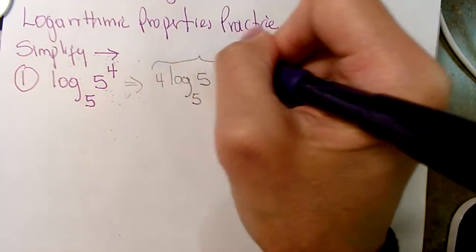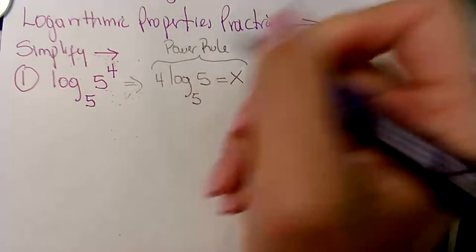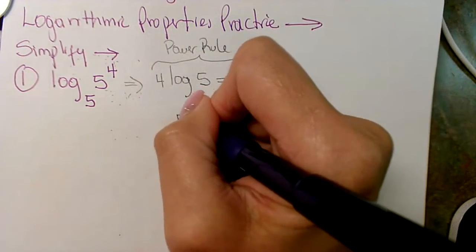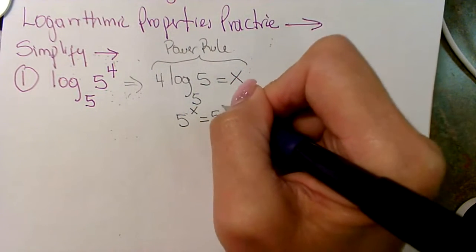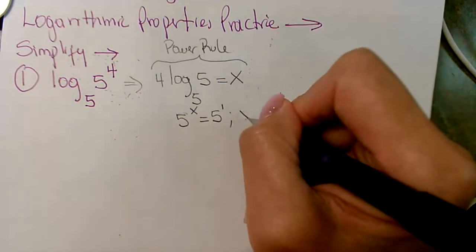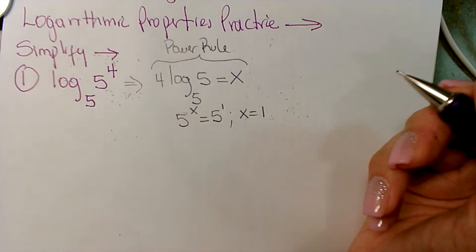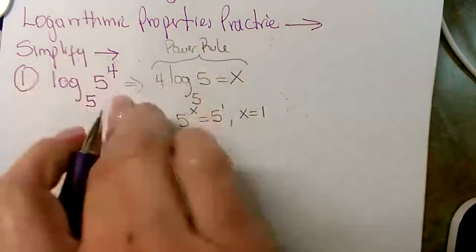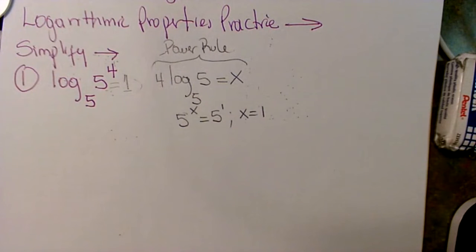We just applied here the power rule. That's what we did there. Now, the base to the exponent is equal to 5. That means that x is equal to 1. So the answer here will be 1.